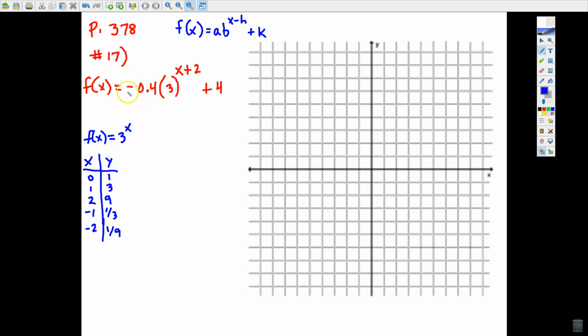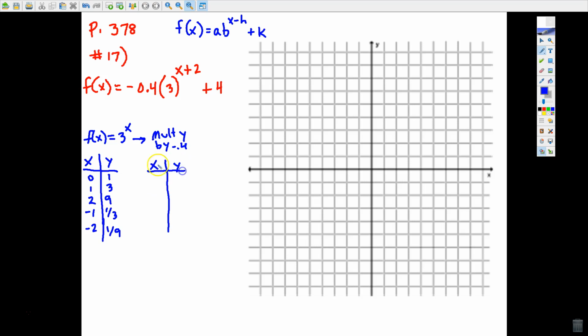All we need to be concerned about at this point is this number, -0.4, needs to multiply times each of the y coordinates. Remember, if you have a number that's going to cause stretch or compression, that number needs to multiply times the y coordinates of your parent. So we'll just say it like this: multiply y by -0.4.